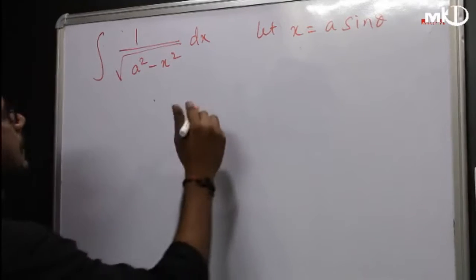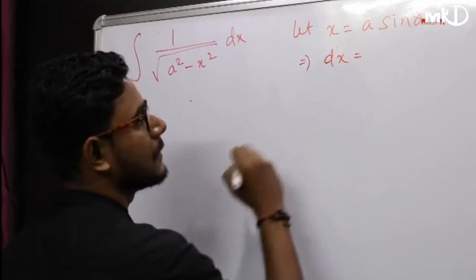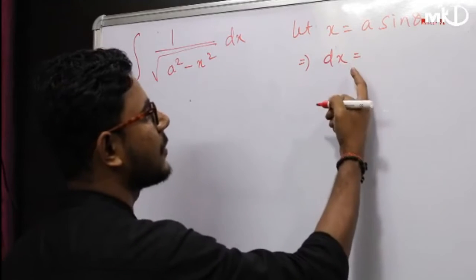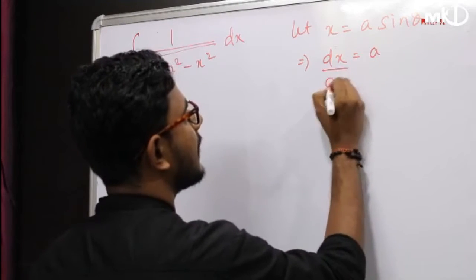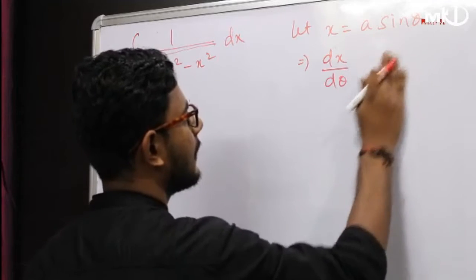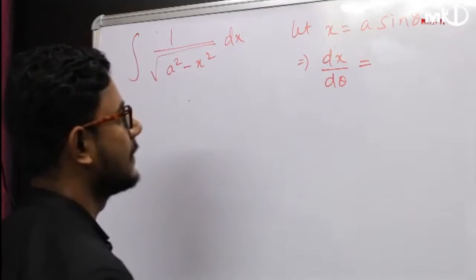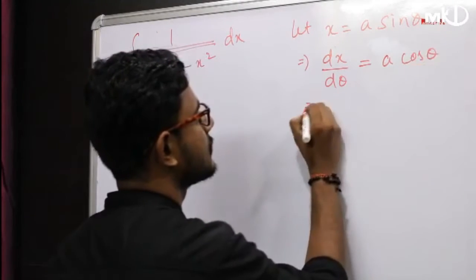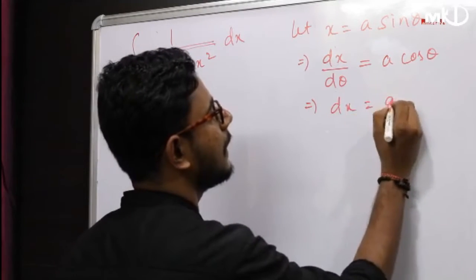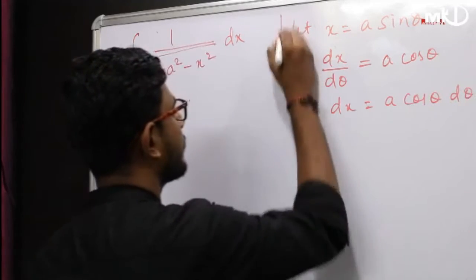Then if we take the derivative on both sides with respect to theta, dx by d theta will be a cos theta. So dx becomes a cos theta d theta.